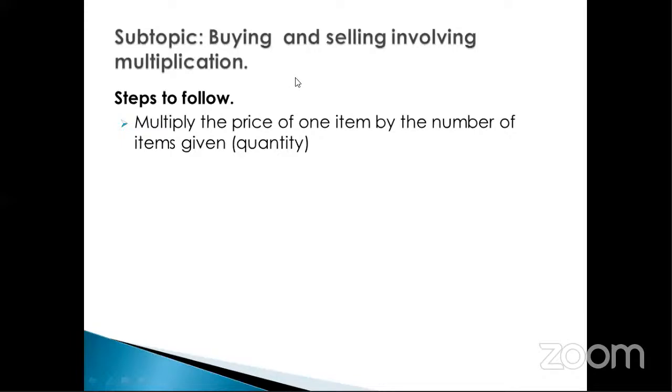For example, if you go to the shop to buy, you're going to realize that they will maybe tell you, members, 1 pen costs shilling 500. Are you seeing this? 1 pen costs shilling 500.